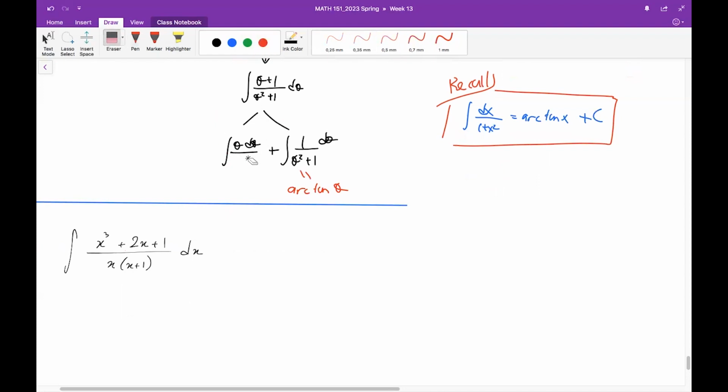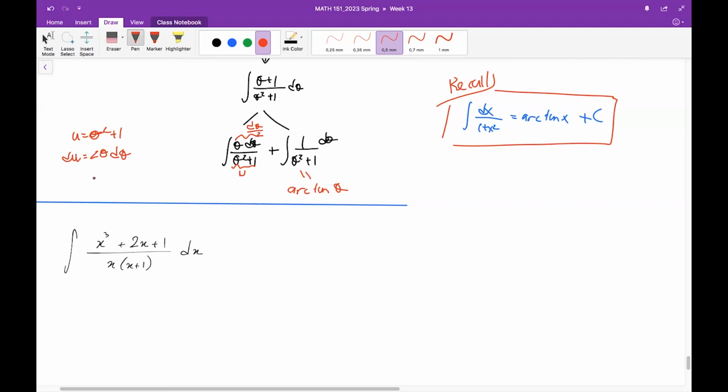And the first one can be handled by using a substitution. If you call this part u, and u is theta squared plus 1, then du is 2 theta d theta. So this part is in fact du over 2.